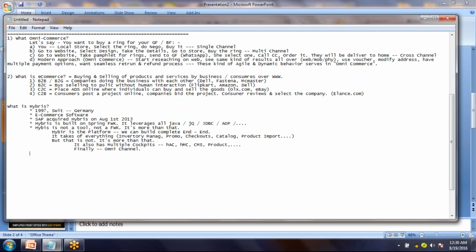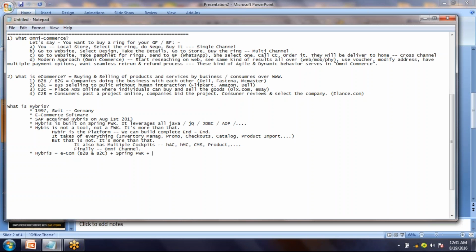So if you want to define Hybris, what are the things we need to talk about? First, Hybris is e-commerce software that does B2B and B2C along with some other steps. It is built on top of the Spring framework.